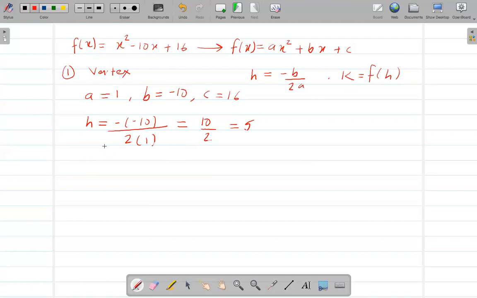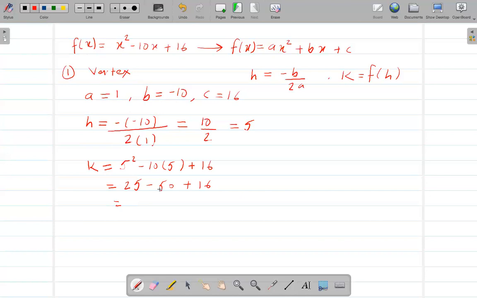All right, now once we get the value of H, to find the value of K, here I said f of H, right? So taking this function, K is, now instead of x, we're just going to replace this x by the value of H. So that means 5 squared minus 10 times 5 plus 16 is equal to 25 minus 50 plus 16.